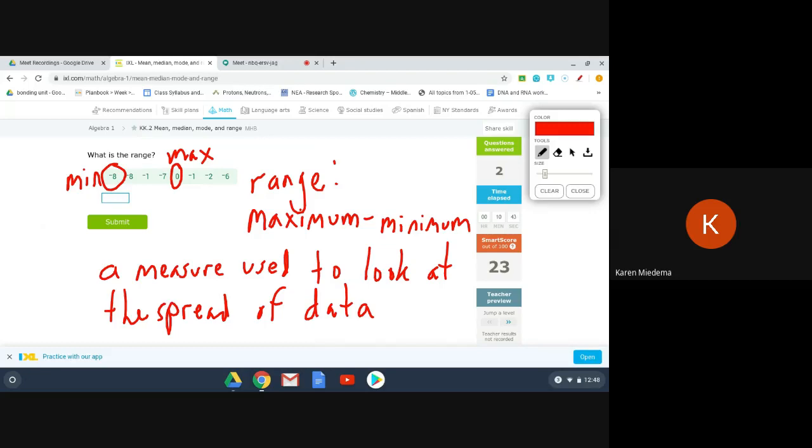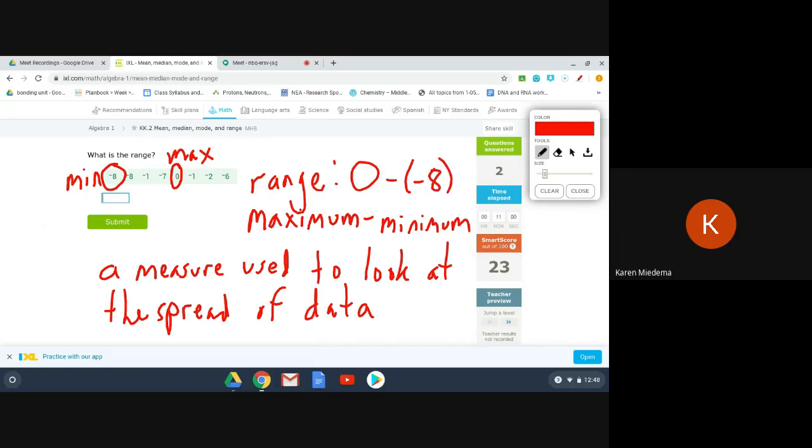So for this problem, the range is 0 minus a -8.